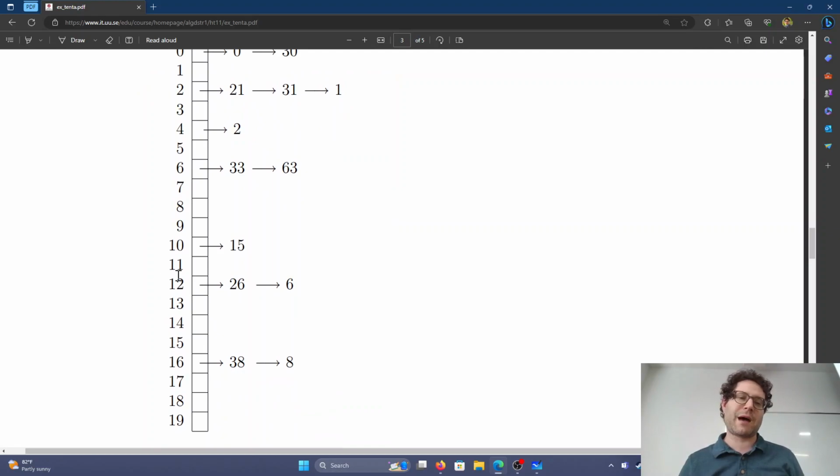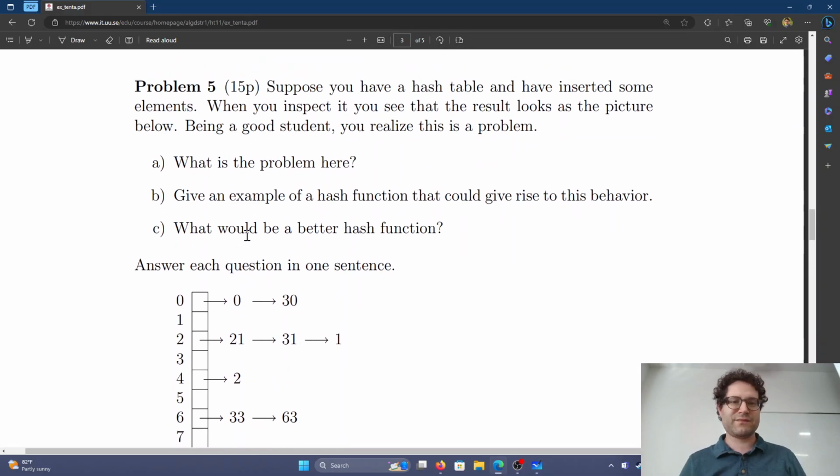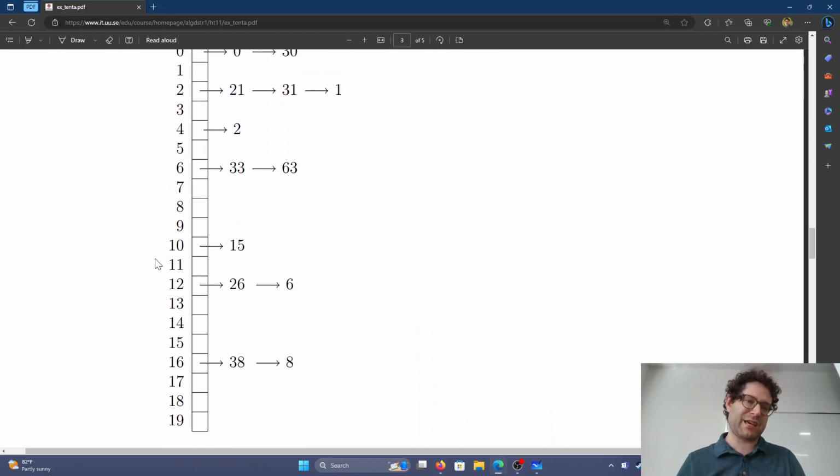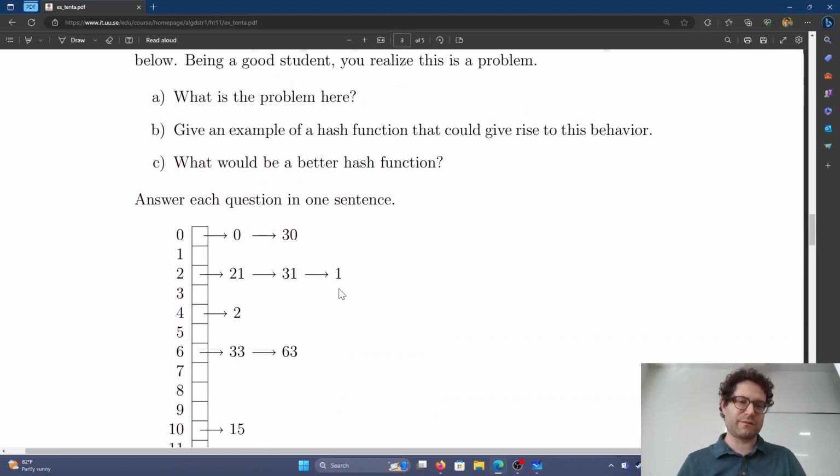In fact, if we count them up, more than half of them are empty. And so we have a lot of unused spaces. That means the hash function is bad, because it is sending things to the same slot too easily. I mean, your universe of keys is bigger than 20 different keys. But here we're in a bit of an issue.